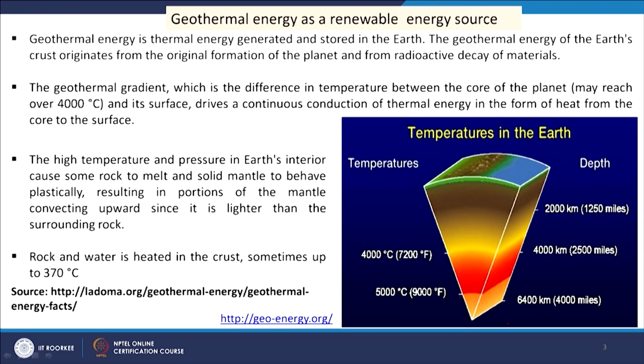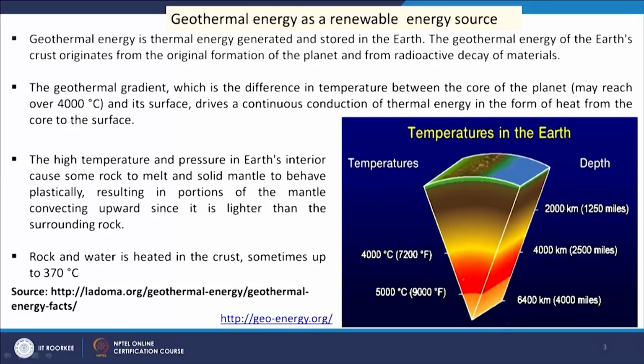So, maximum temperature at the core, and then gradually it decreases, and the minimum at the surface where the living beings exist. The huge amount of heat energy available at the core is basically generated due to different types of radioactive reactions, and that is transferred to some extent gradually to the surface.